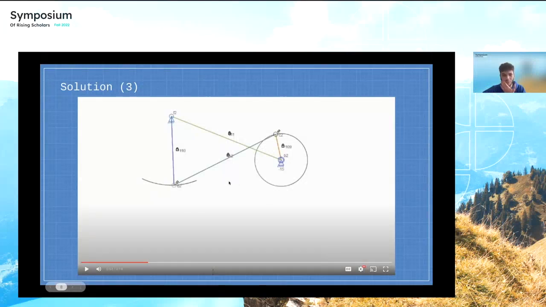To explain this real quick, this specifically is a crank rocker movement, and you can tell because this one cranks. A crank means it moves in a full revolution, and a rocker means it oscillates. So this cranks and rocks. There could be a different one where both of them oscillate, and there could be ones where both of them crank, so both do full revolutions.